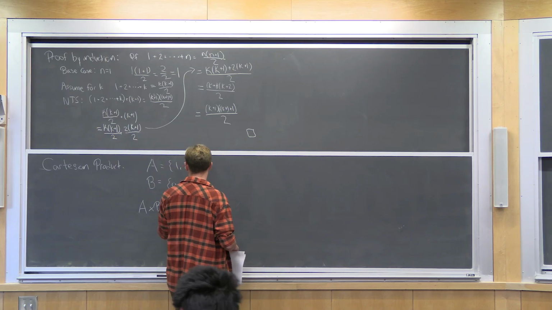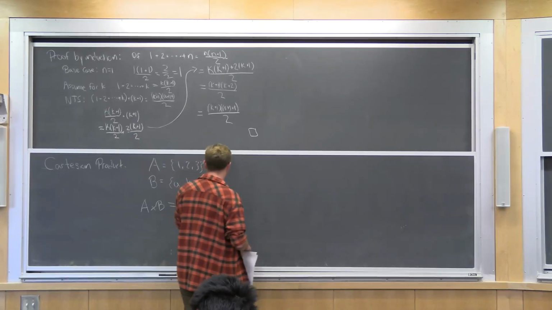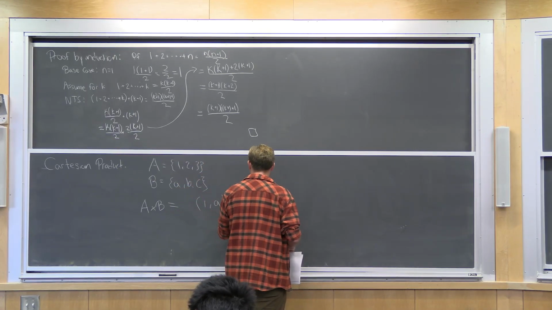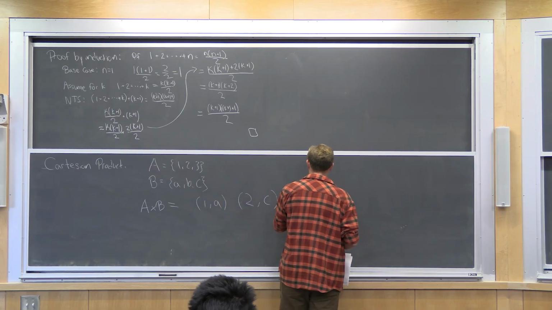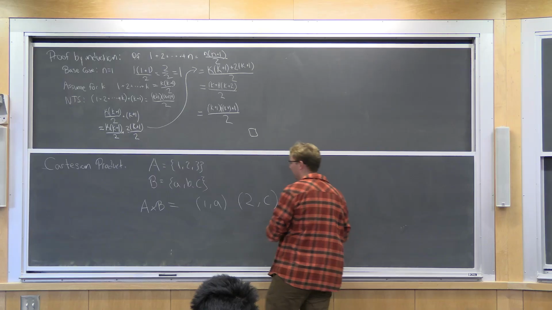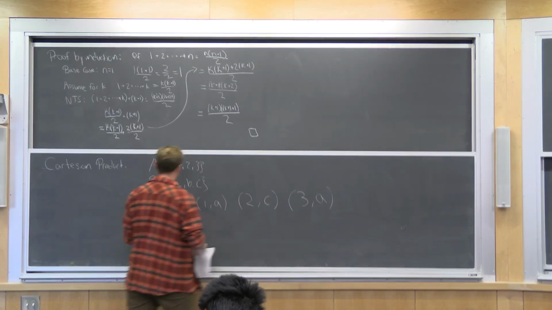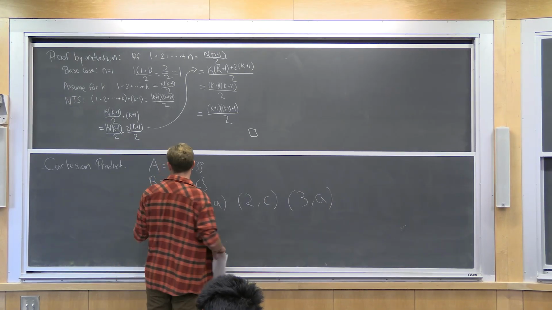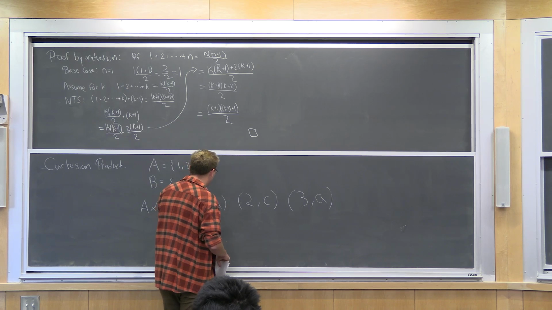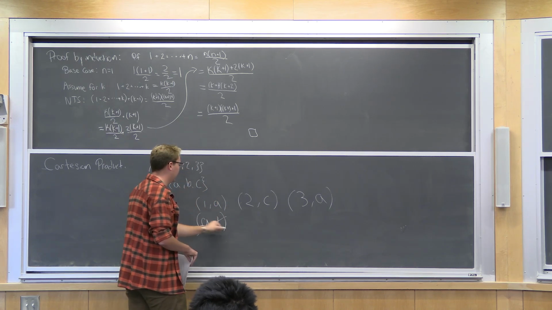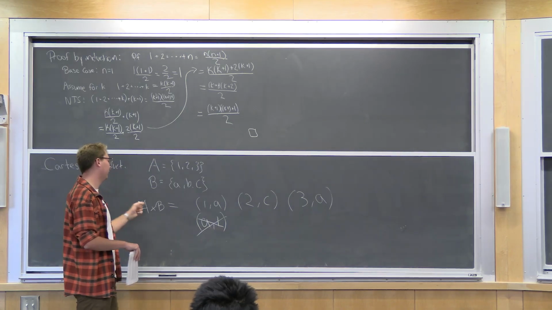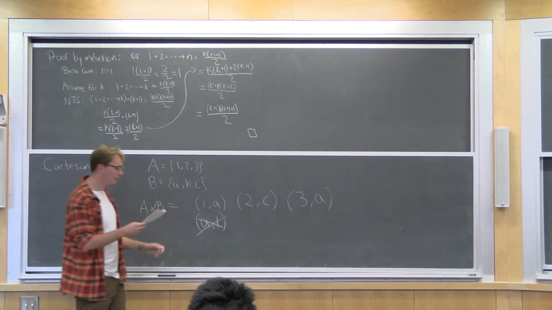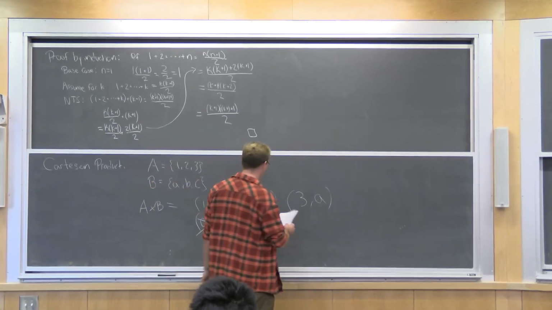So some examples would be 1, A, 2, C, 3, A, etc. The order of these does matter. So A, 1 is not in this Cartesian product, but it would be in the Cartesian product B cross A.